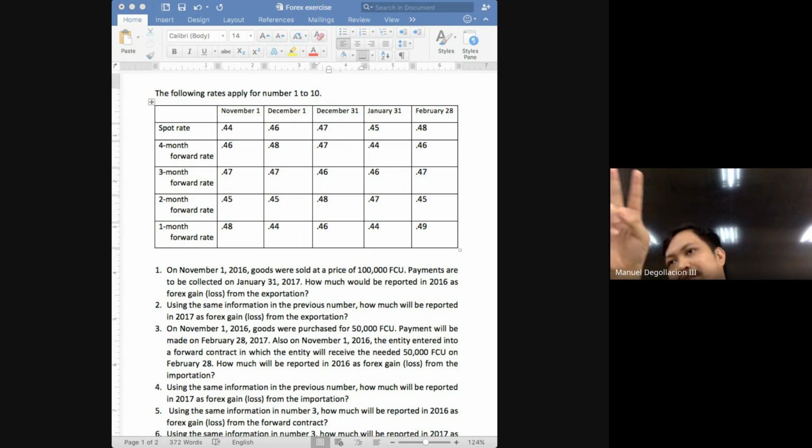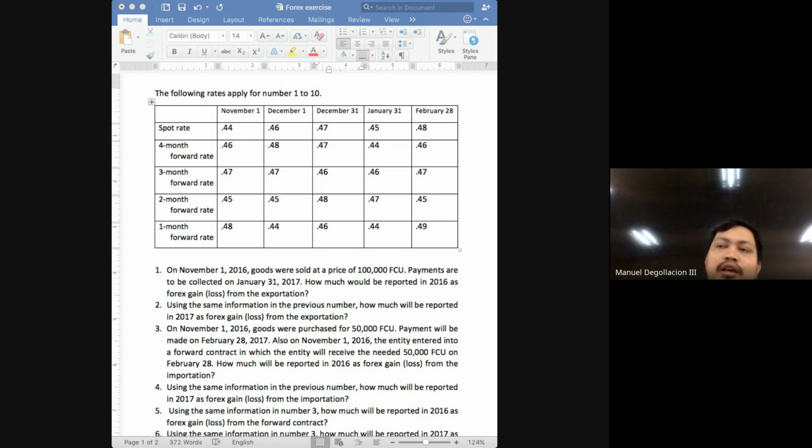And because these two incidents will not happen on the same date, there will be accounting issues. If everything was paid in cash, it would have made everything a lot simpler. But again, because the date of delivery and the date of payment do not fall on the same date, it will have an impact on our entries, class.